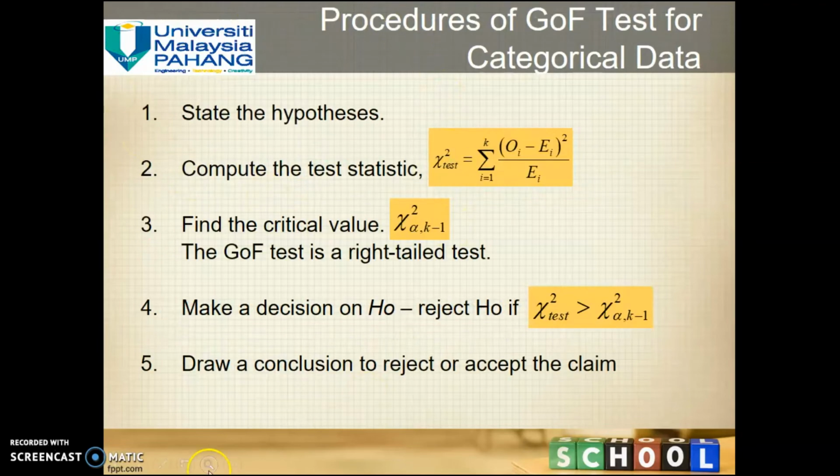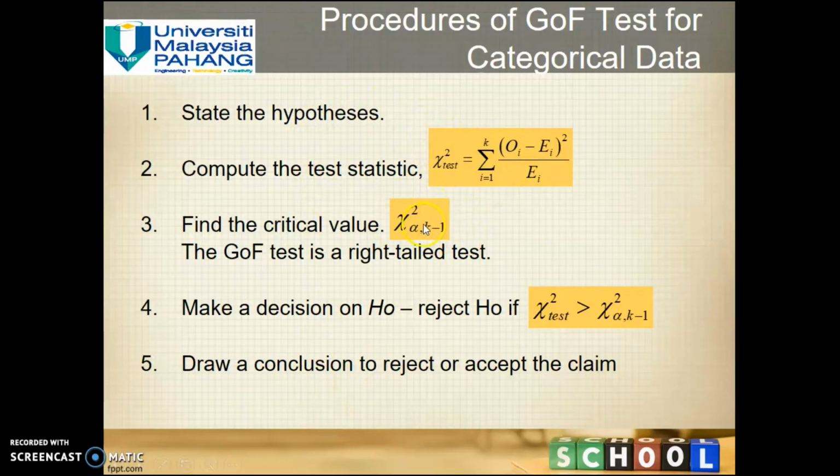Because it is hypothesis testing, you will have these 5 steps. Step 1 is to formulate the hypothesis. Step 2, we compute the chi-square test statistic. Step 3, find the critical value. For the goodness of fit test, we are dealing with the right tail test only. There is a derivation behind why we have the right tail test only here.